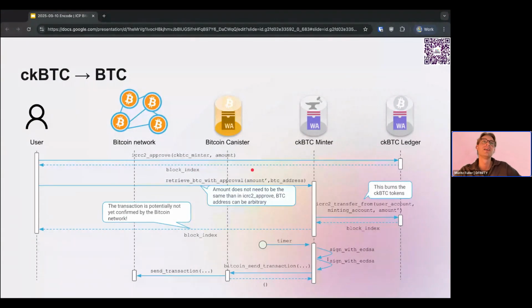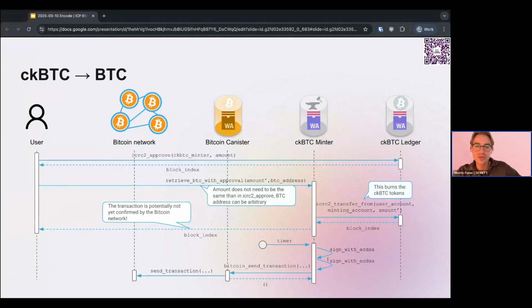Then we call the retrieve BTC with approval endpoint to inform the ckBTC minter about our withdrawal intent. We basically tell it, hey, you can transact ckBTC on my behalf, and I want to get out of ckBTC into Bitcoin.